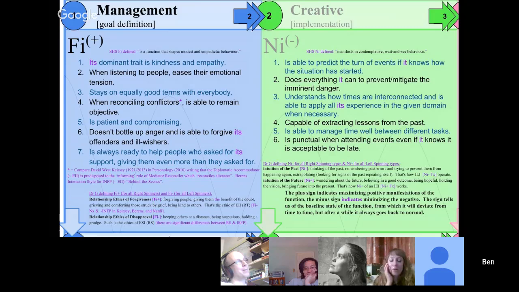Yeah. Okay. So point 9 is able to predict the turn of events if it knows how to. Well, for me, it's definitely very important to know the causes of everything, because then I get a feeling that I understand the thing better.